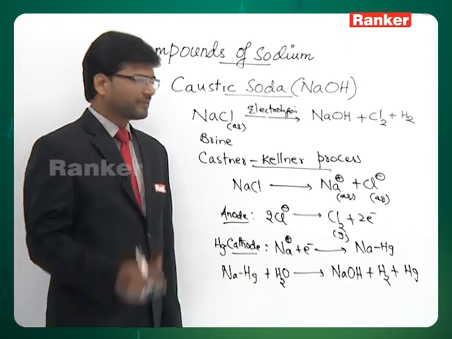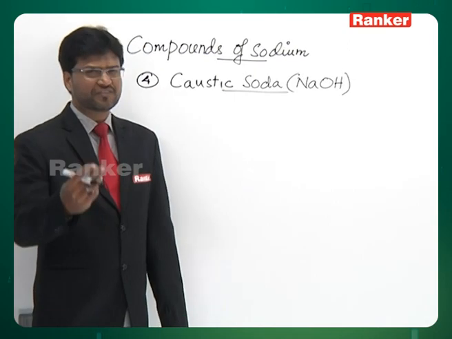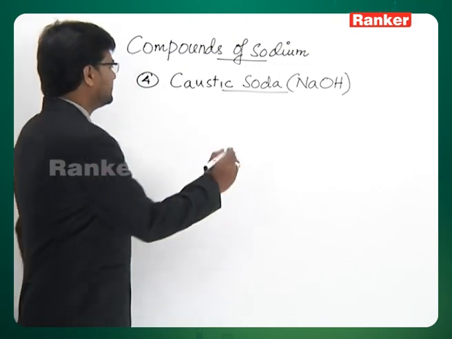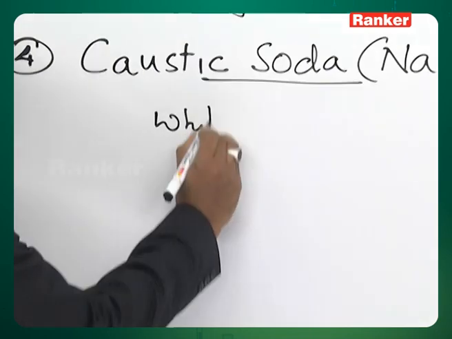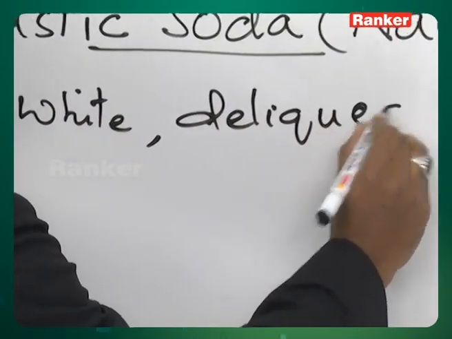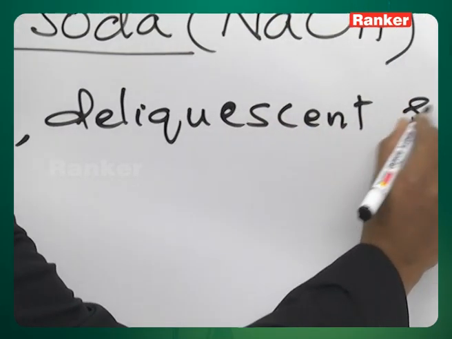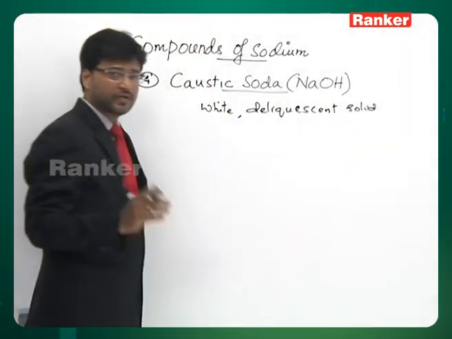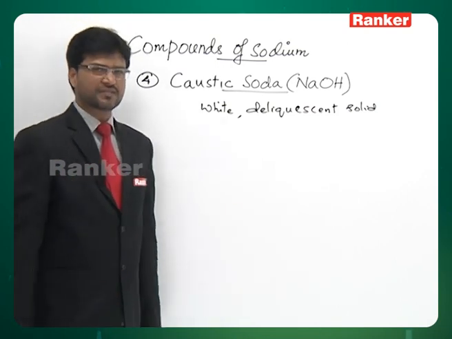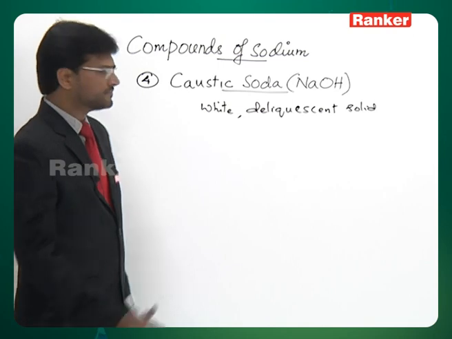Let's learn a few properties of caustic soda. Few points regarding properties of sodium hydroxide. It's a white deliquescent solid. Deliquescent means it absorbs moisture from the atmosphere, dissolves in the moisture and forms a saturated solution.